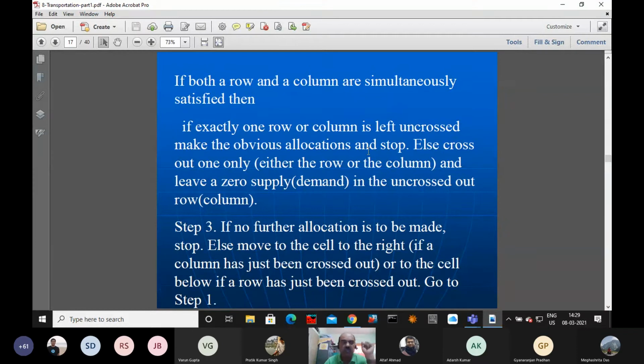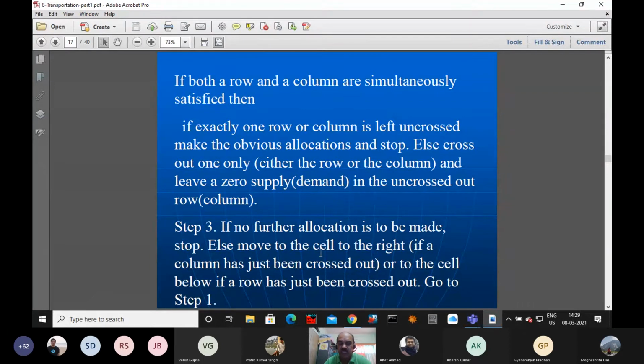Else, cross out only one of the row and column, and leave a zero supply or demand in the uncrossed row or column.